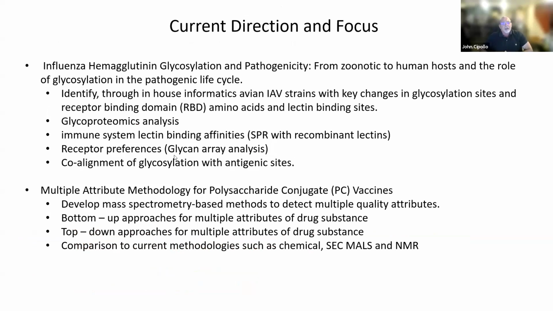So our current direction and focus, one of the two major areas, excuse me, I'm getting over a little bit of a cold, is hemagglutinin glycosylation in influenza, and what happens when these things arise in avian or swine and move towards humans.